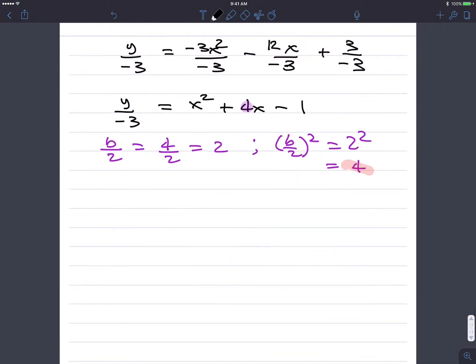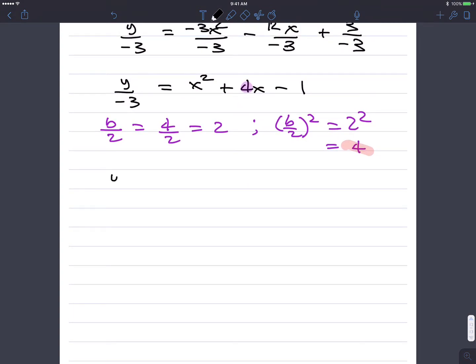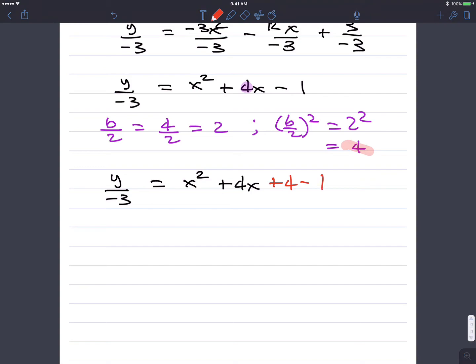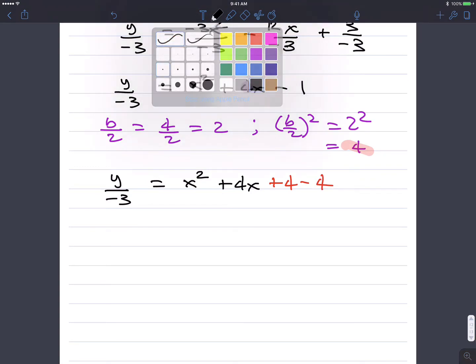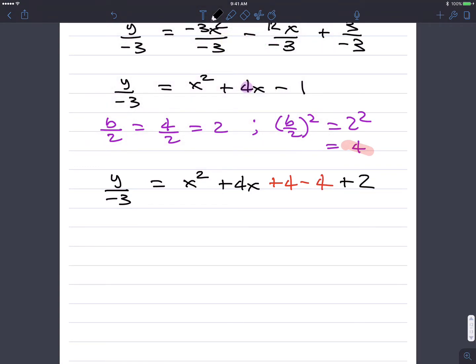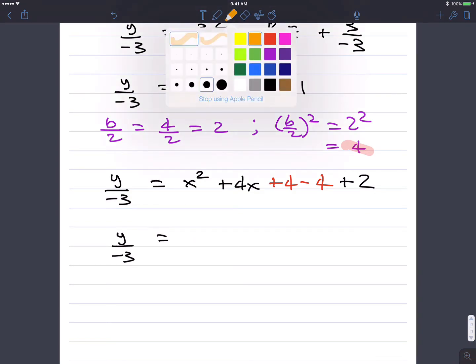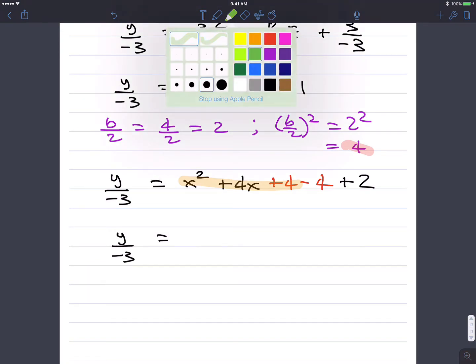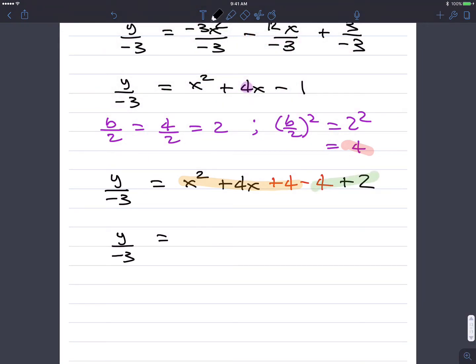And this is what it looks like. Y over negative 3 is x squared plus 4x. Now remember, add 4, subtract 4, plus 2. Y over negative 3 is x squared. Well, not yet. Let's remember. Factor the first 3 terms and use arithmetic on the last 2 terms.